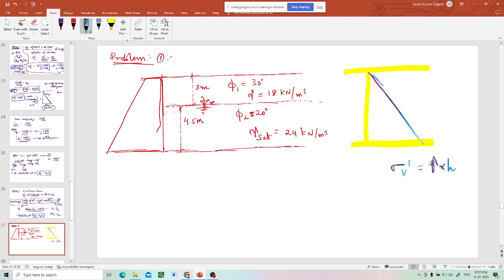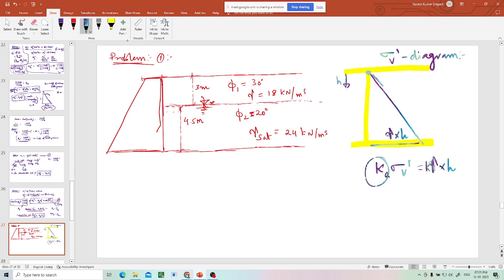If this is h, it varies like this. At this point it is 0 because h is 0. At this point it is gamma multiplied by h. So it's linear. This is the sigma v dash diagram. But if you multiply by Ka or Kp, what happens? This is also a constant.